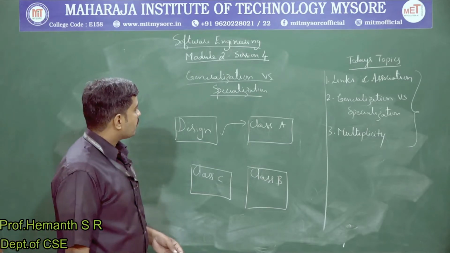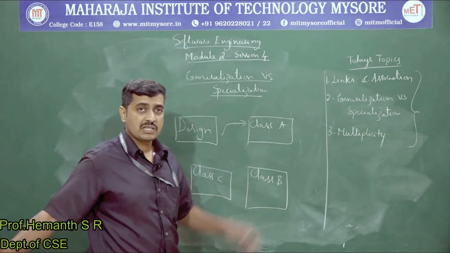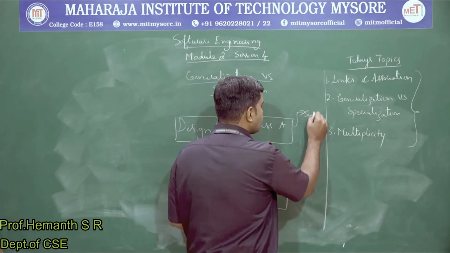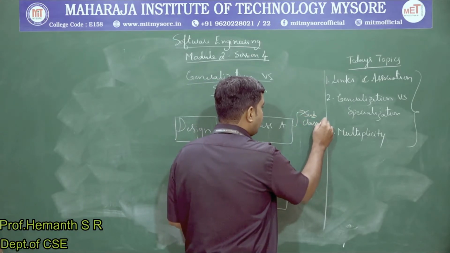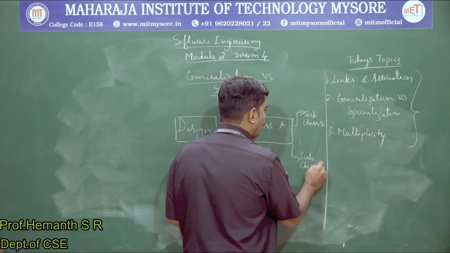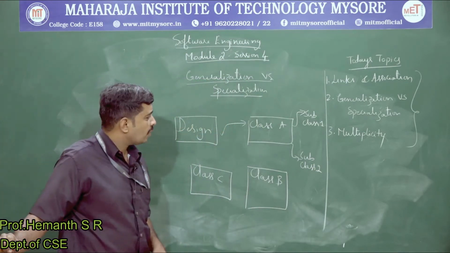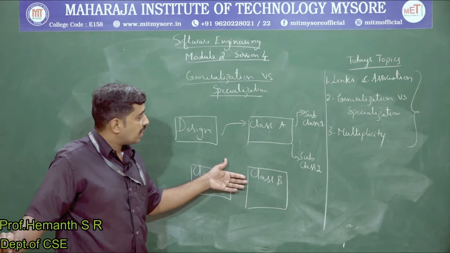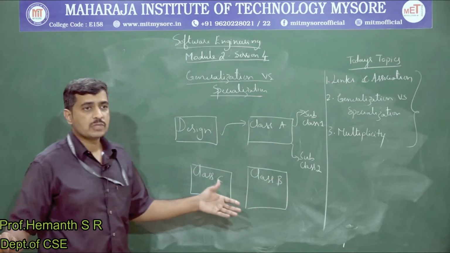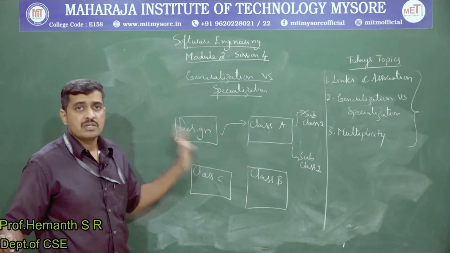Now, we also understood each class can have subclasses. For example, class A can have subclass 1, it can have subclass 2. So classes and subclasses represented in a hierarchical relationship is what is addressed in generalization versus specialization.